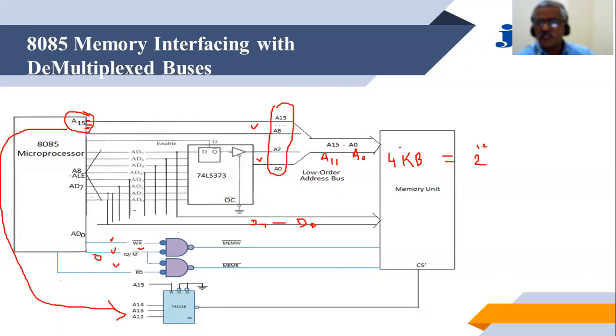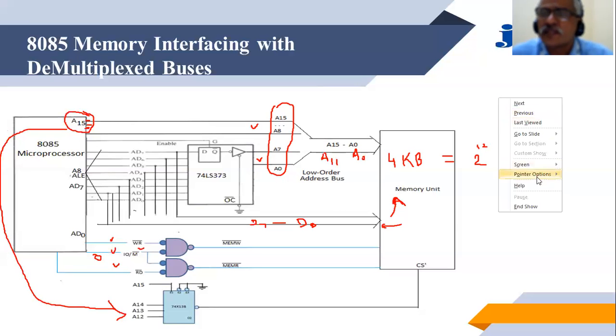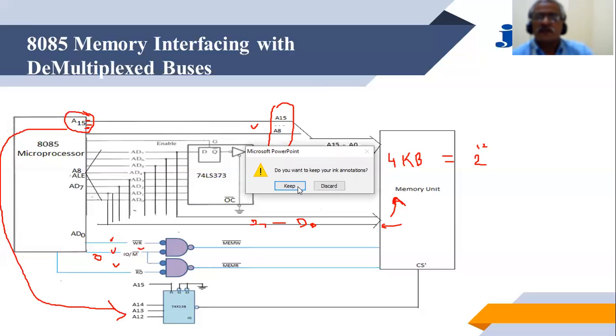Once the addresses are available and the control signals are generated, the data will either be written into the memory unit, or it will be read out from the memory into the 8085 microprocessor. So this is all in this video. Thank you.